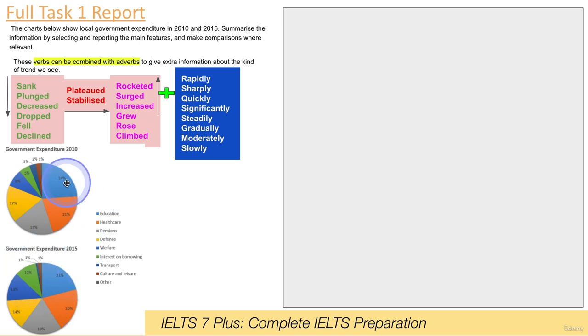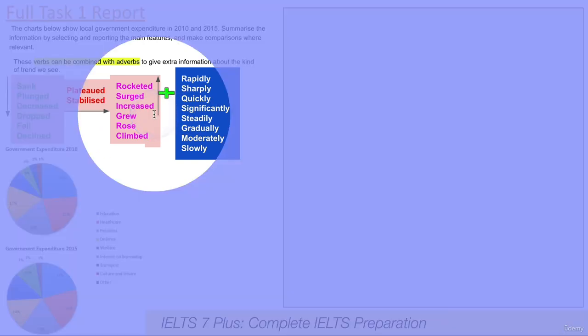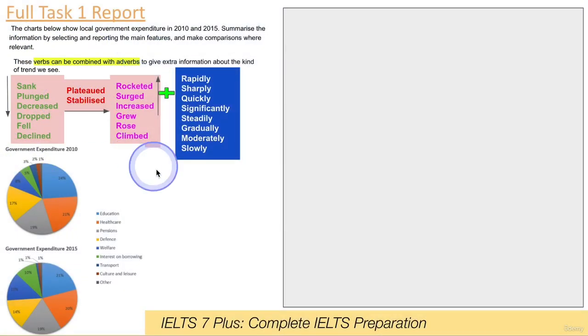Unfortunately, the pie charts are a bit smaller on this page, but we can still see they're labelled, which is quite nice, so that's good. We have the question, of course, and we have this chart, this image here, which really helps us with synonyms. Now, a big part of this task is we don't want to repeat ourselves. We want to use words interchangeably.